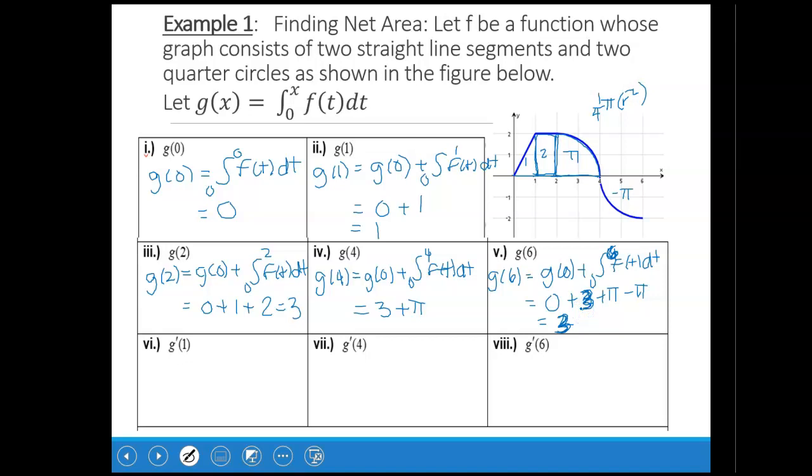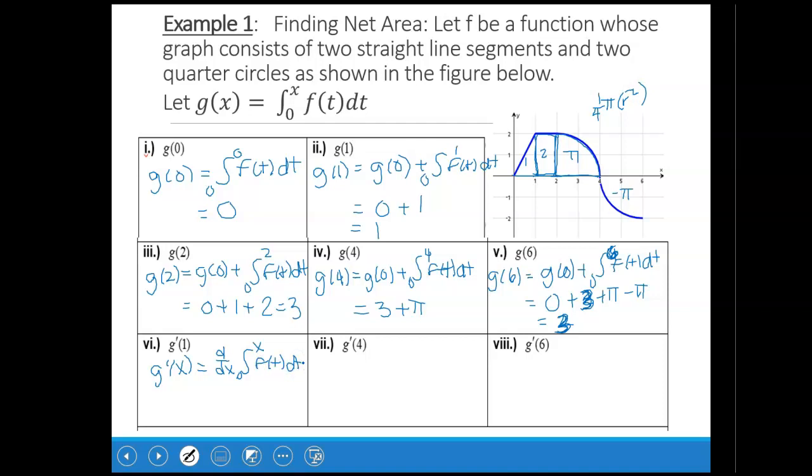So how would taking the derivative of that change it? So if you take the derivative of the integral, that's part 1 of our theorem. So g prime of 1, or g prime of x in general, would be like taking the derivative of the integral from 0 to x of f of t dt.